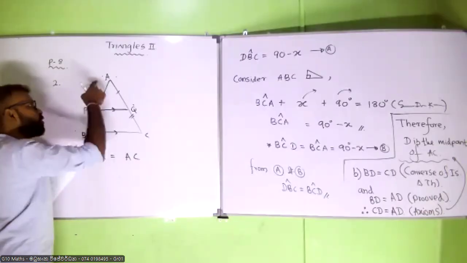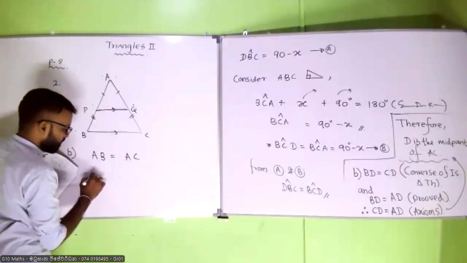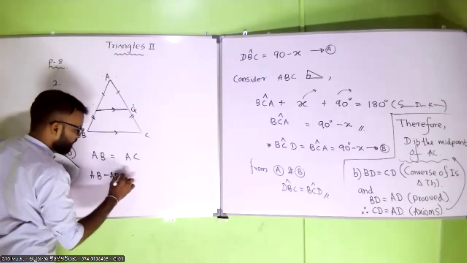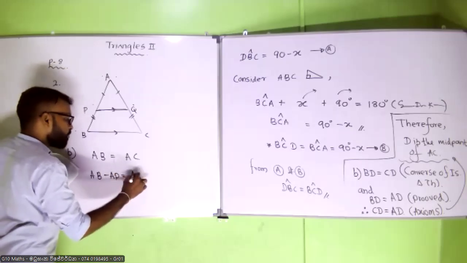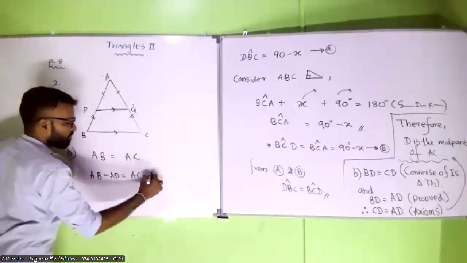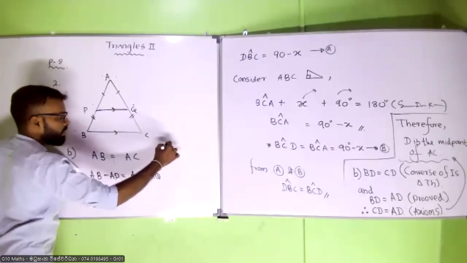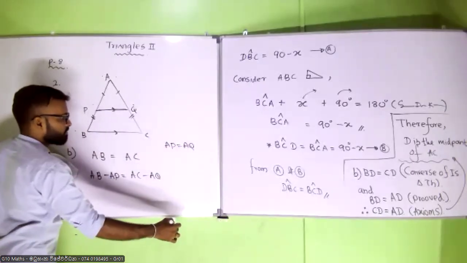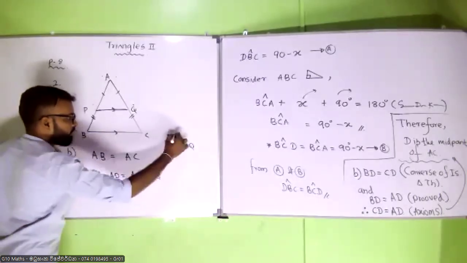From AB I am going to subtract AP, and from AC I am going to subtract the same length, AQ. I have shown that AP equals AQ earlier. So this is something like 5, 5.